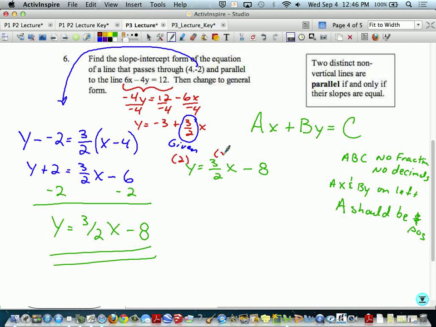I'm just putting parentheses to indicate I'm multiplying by 2. Most of you probably can do that mentally, but this is 2y. When you multiply by 2 at the same time, you're dividing by 2. That's the Chunga property. 3x minus 16. Chunga. Latin for cancel out. Really? The 2's cancel out.